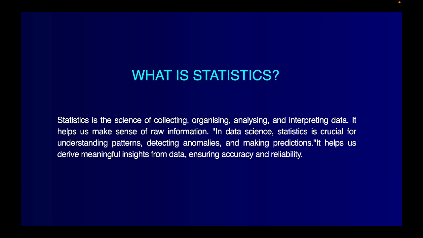To extract information, we should arrange that data in the proper format. Then we should analyze it, drawing out whatever insights we want from that data, and interpret it. Interpreting means we have to make assumptions from that data.